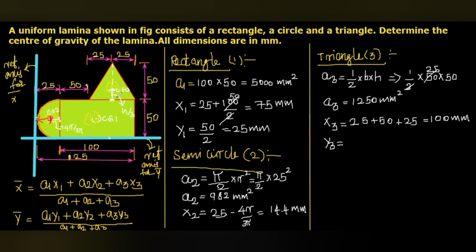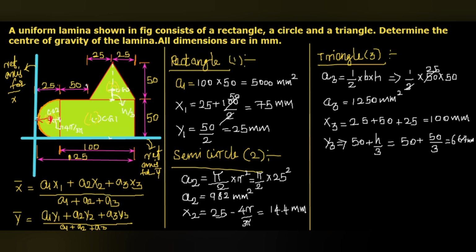Here you can see from here to here that is 50, plus this distance h by 3. So y3 is 50 plus h by 3. Here h is also 50, so we can write this equal to 50 plus 50 divided by 3. So we get this distance as 66.7 mm.